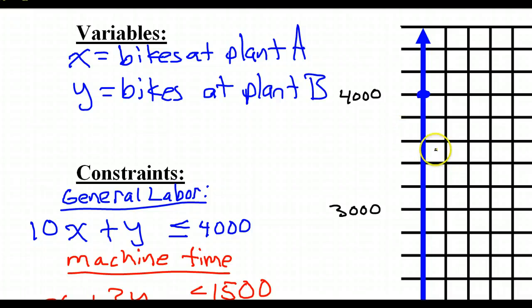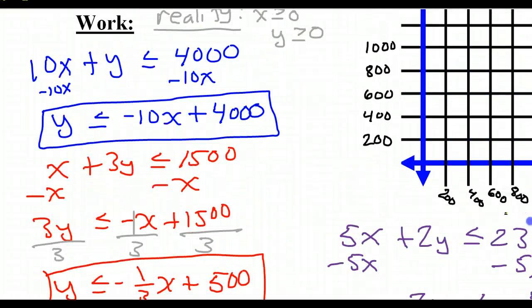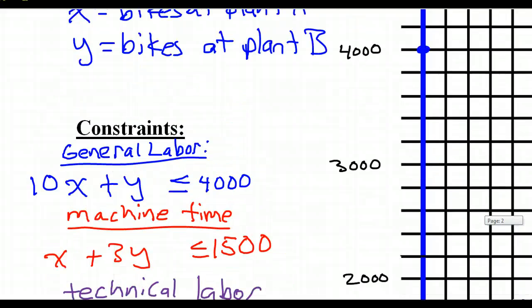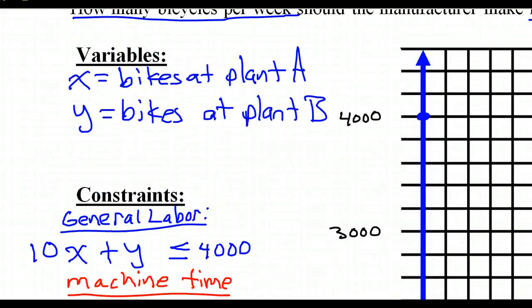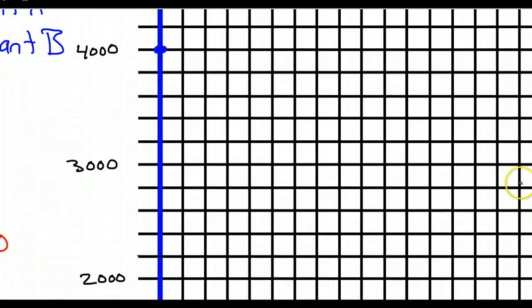Now the slope is negative 10 over 1. Okay, so it's like down 10 over 1. So let's get that started. I'm going to need a little space. So down 10, so it's 1, 2, 3, 4, 5, 6, 7, 8, 9, 10 over 1.